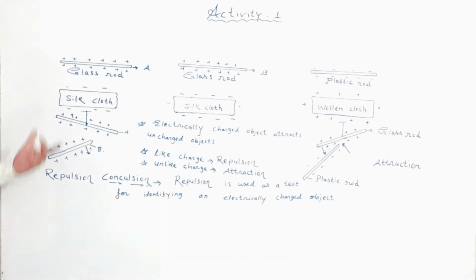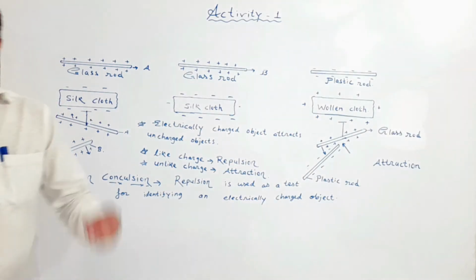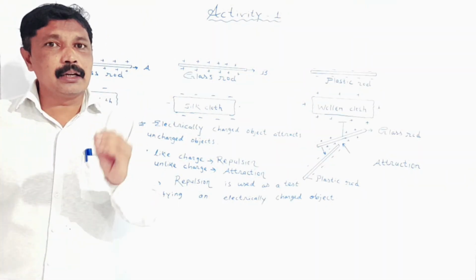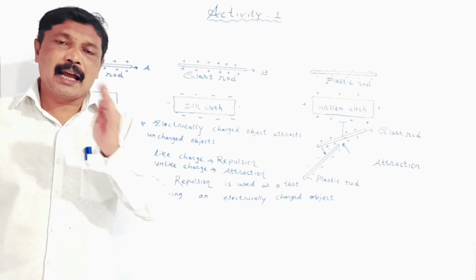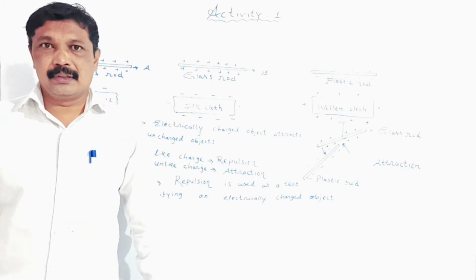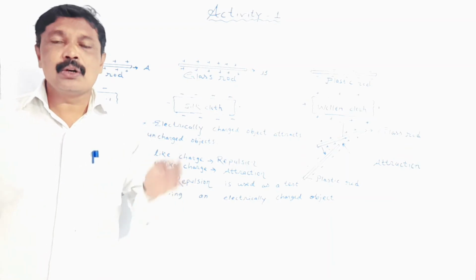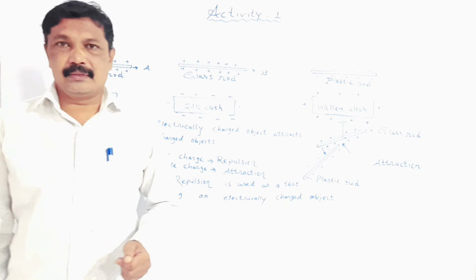We have also taken another object, a silk cloth. This silk cloth is also a neutral object because the positive charge and negative charge in the silk cloth are the same. Now we will try to develop charges on both these bodies by friction.